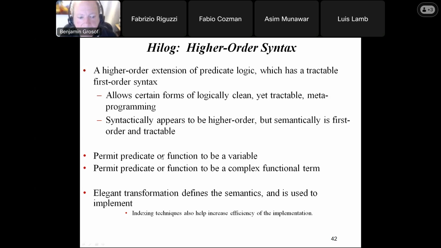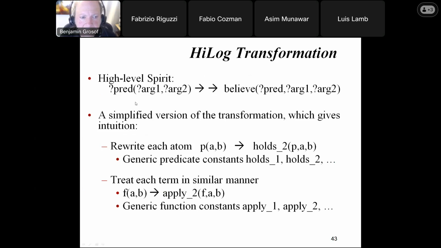So you can permit a predicate or function to be a variable or indeed a complex functional term. And a rather elegant transformation defines the semantics and is used to implement it, along with some indexing techniques that are specific to HiLog or higher order that help increase the efficiency of the implementation. So it's simple enough to state on a single slide here.